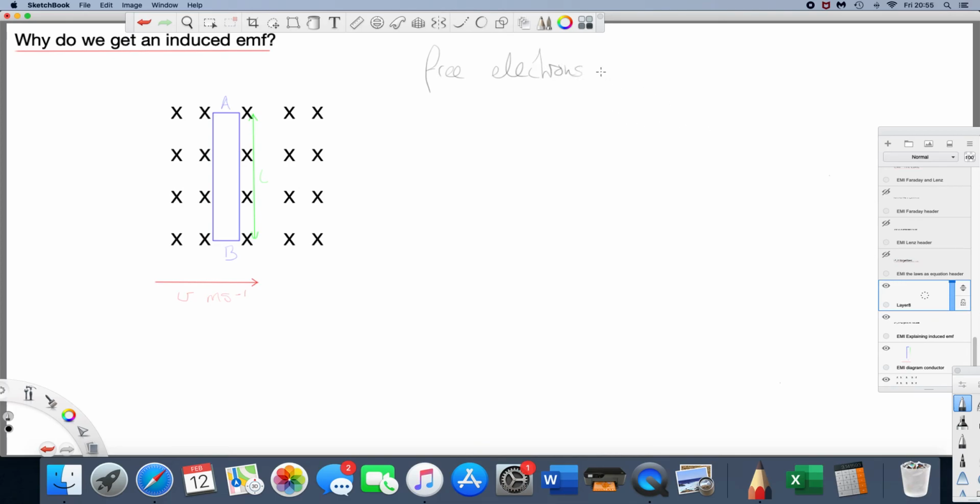Those free electrons are charged particles. So now we have charged particles moving in a magnetic field.